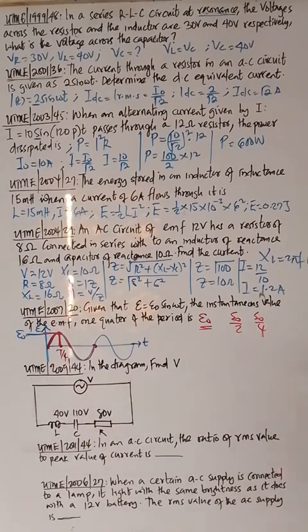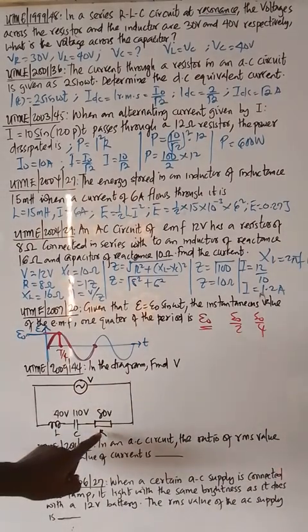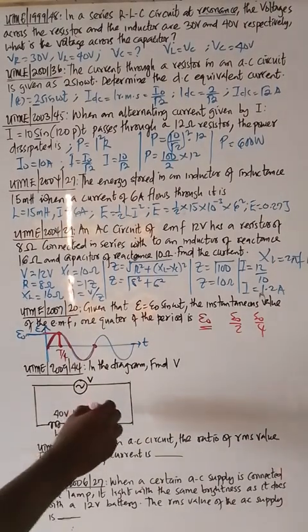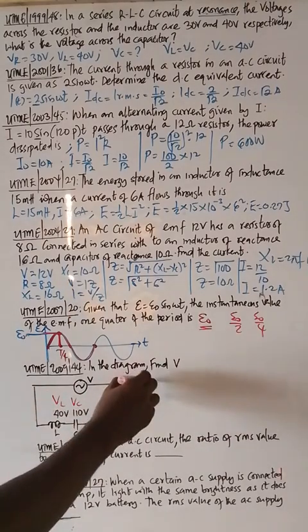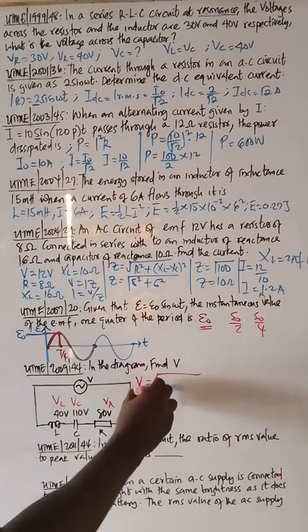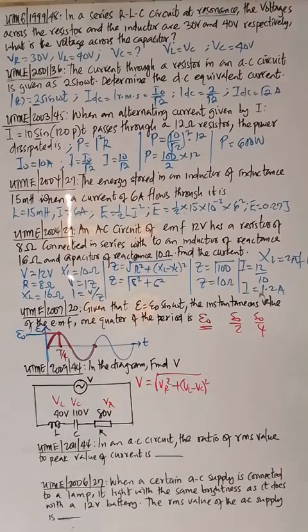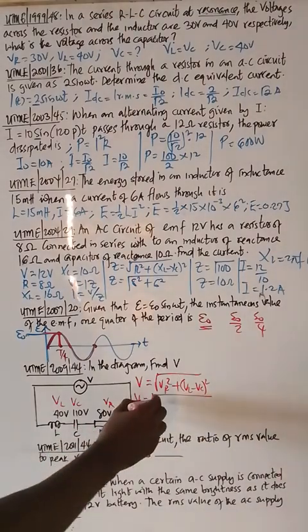For the next, in the diagram, find V. We have an inductor, capacitor, and resistor, and we are given the PD across each. So it's as though we are given VR, VL, and VC. What is V? Remember the formula. V equals the square root of VR squared plus (VL minus VC) all squared. As simple as that. Input and get the answer. VR is given to be 80.